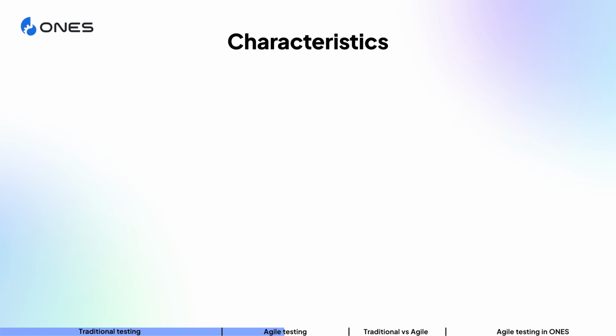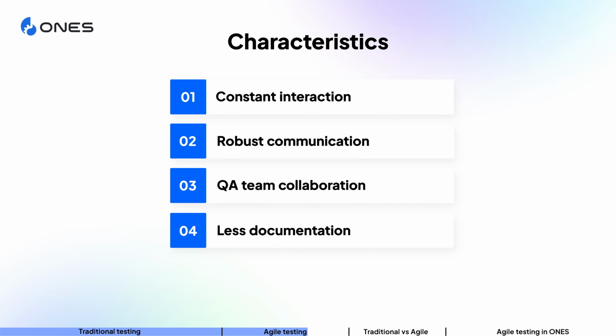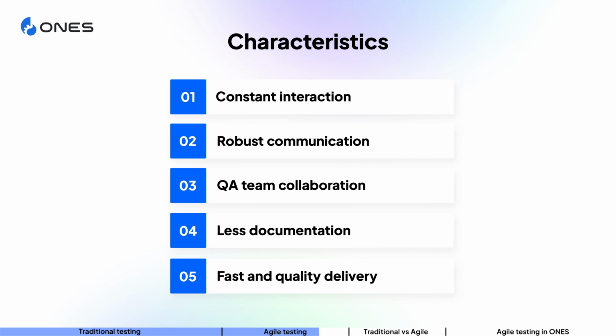Characteristics of Agile testing are constant interaction with developers, robust communication with product owners, quality assurance team collaboration, no need for full documentation, and enables fast and high-quality delivery. These result in time and cost-effective ways of testing, while simplifying and shortening the interaction time for more efficient output.